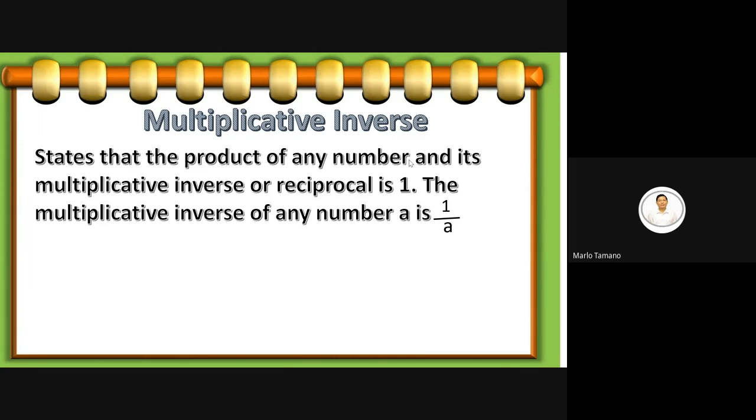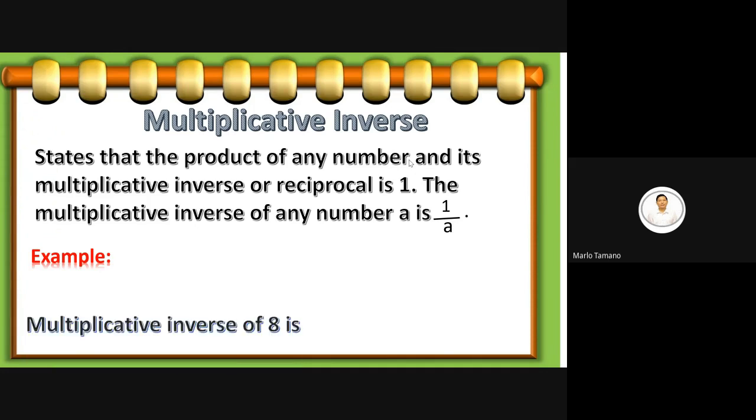Yung kabaliktaran po niya. If you want to write the whole number into fraction, all you have to do is put 1 as a denominator of it. Naintindihan? So, ganun po yung ginawa natin sa A. A over 1, tapos babaliktarin mo, 1 over A. And that is the inverse.